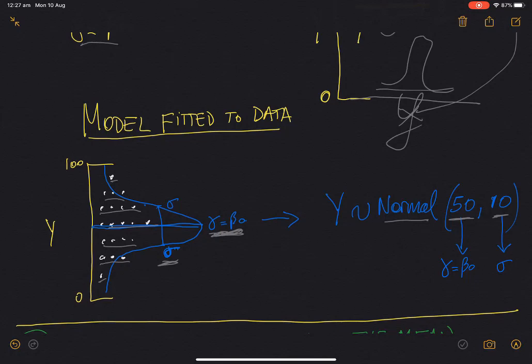But then I use those values of the distribution to determine the probability of observing the data. So I don't like these two uses of the distribution and the data. First, I use the data to determine the parameters of the distribution.